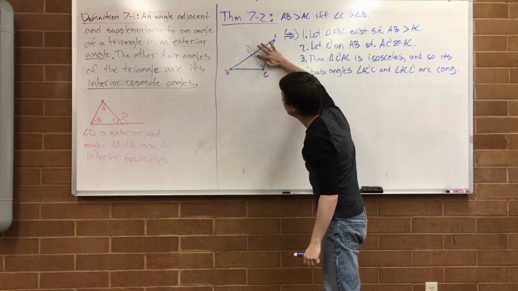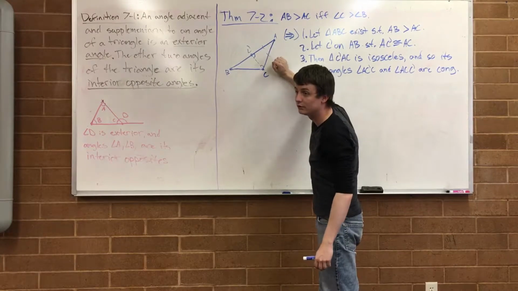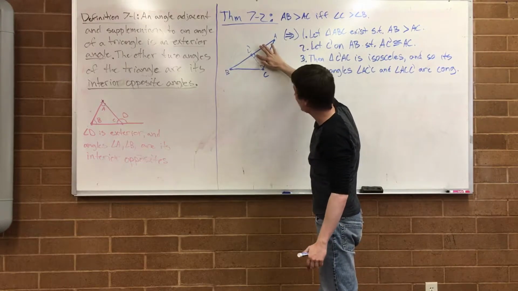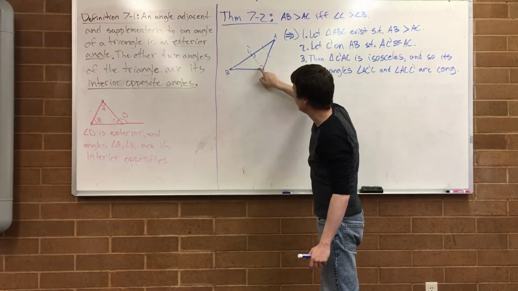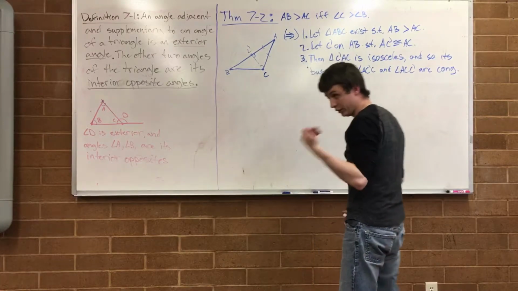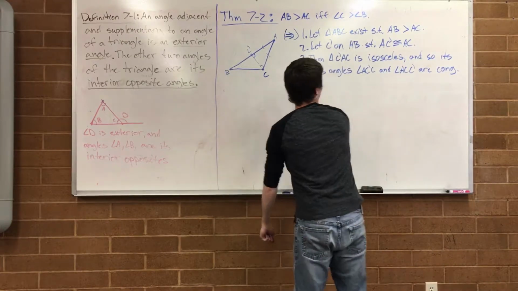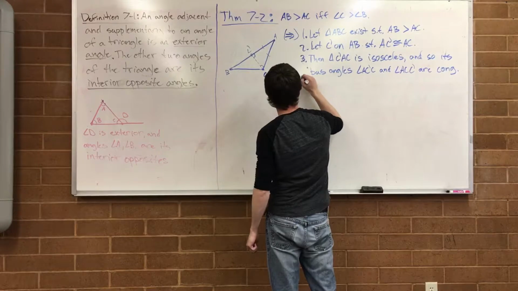Now this angle is an exterior angle of the left triangle. And so using the theorem we just proved, Theorem 7.1, this angle is greater than that angle, and this angle is greater than this small piece. It's greater than either of its interior opposites. Did we say that the angles are congruent? Yes. Okay, 4.